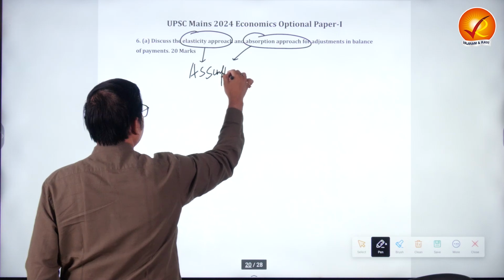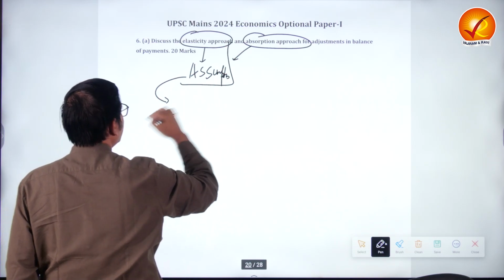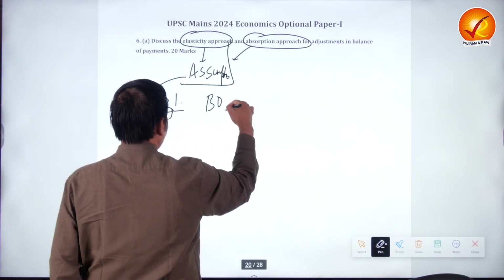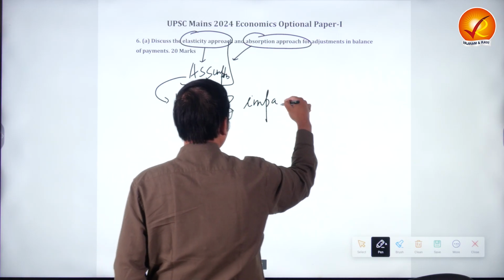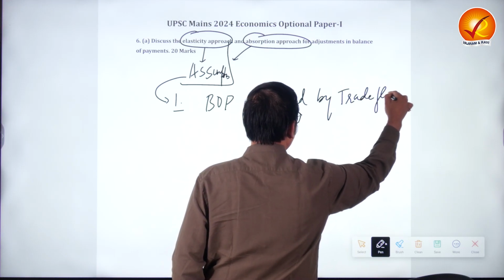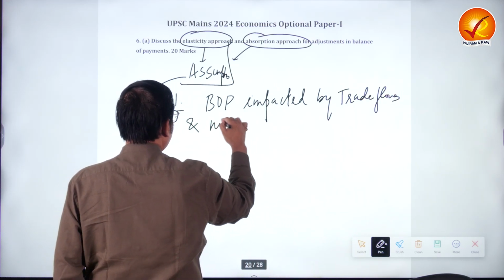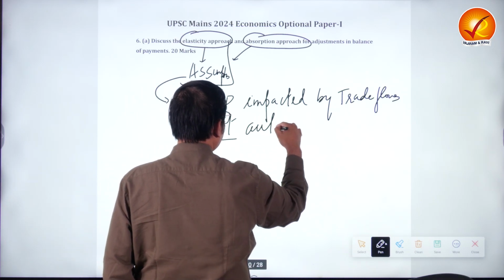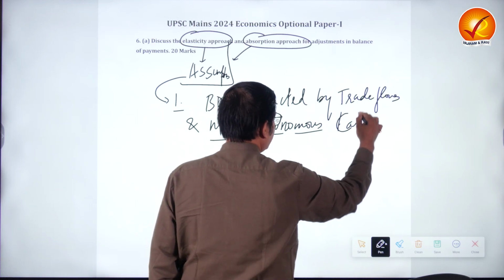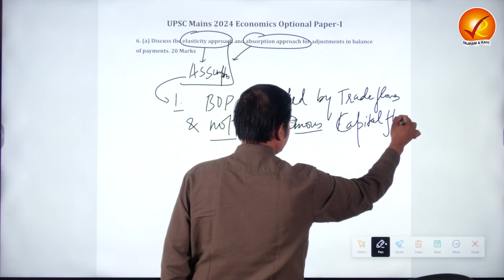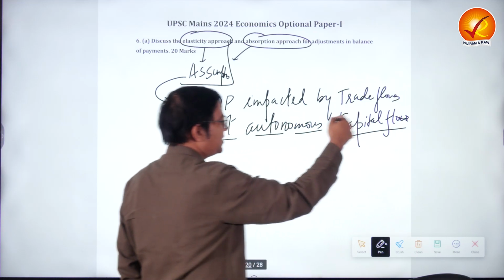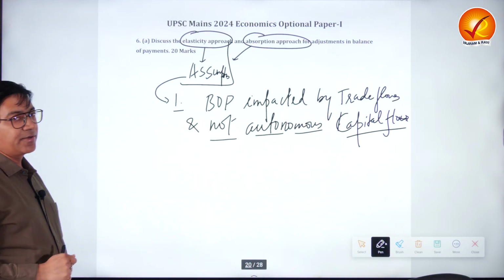Let's start with the assumptions of the elasticity approach. The elasticity approach assumes that BOP is impacted by trade flows, as in exports and imports only, and not autonomous capital flows. Foreign capital inflows and so on are kept out of it, which is unrealistic. In modern economies there is a significant role of international capital flows, but the approach ignores that part.